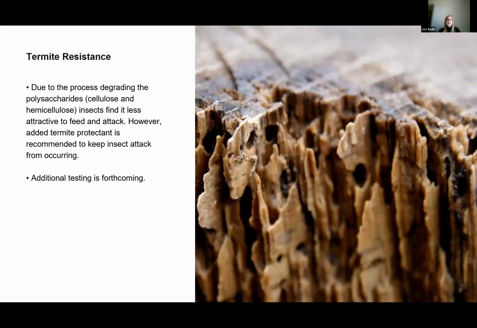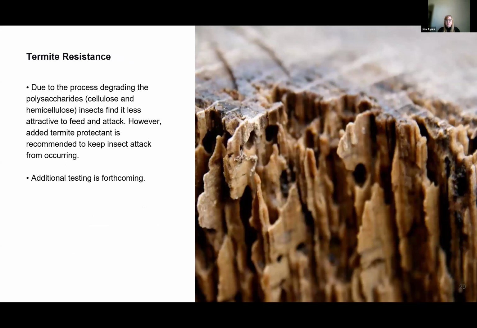Termite resistance. Thermally modified wood: termites will attack anything, and especially the Formosan termite, which is one of the most aggressive termites out there. We have shown where that Formosan termite will eat through concrete really to get to wood. So they're very aggressive. They will attack anything.